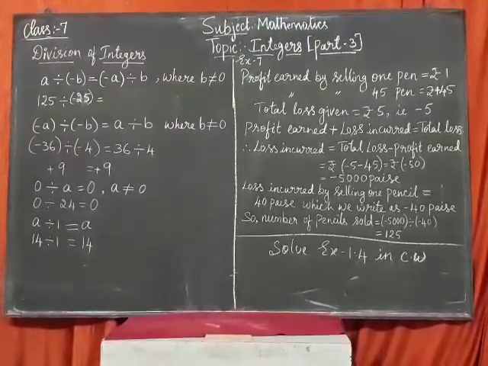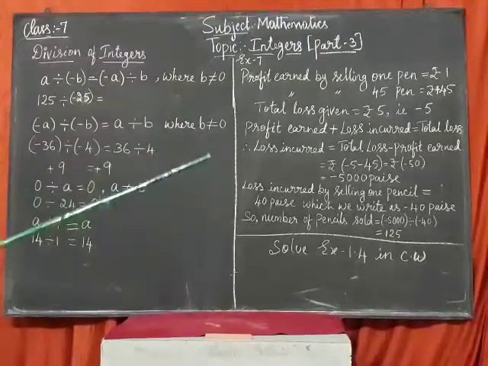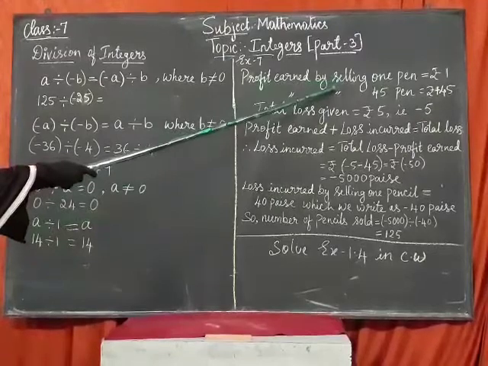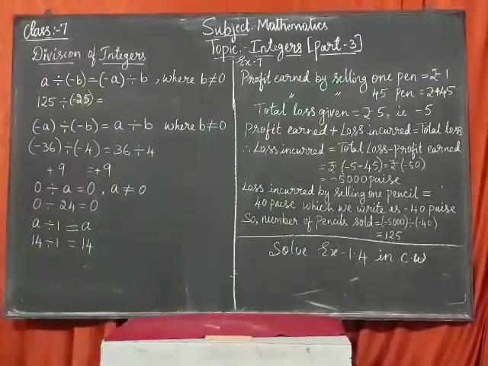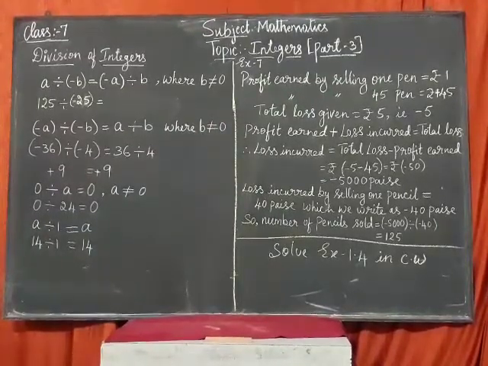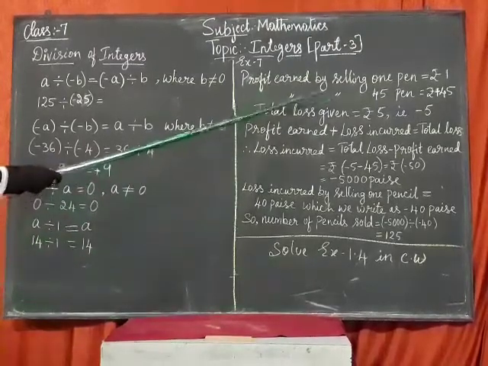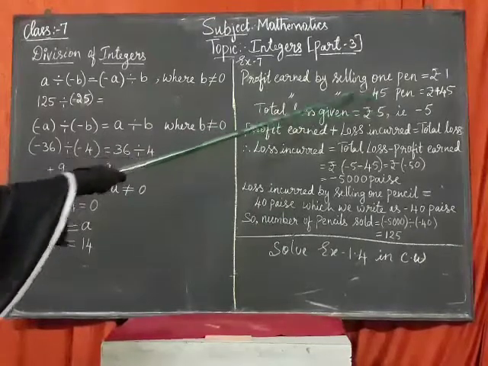Whenever we are working the worked examples, we have to start with the statements. Now here what is the statement? Profit earned by selling 1 pen is rupees 1, that is plus 1. Once it is profit plus, loss minus, therefore profit earned by selling 45 pens will become plus 45.